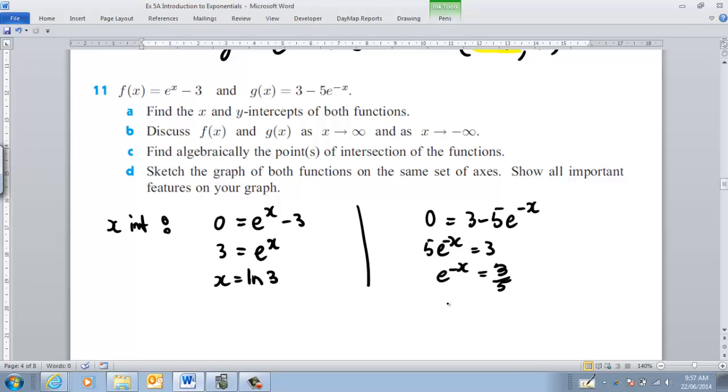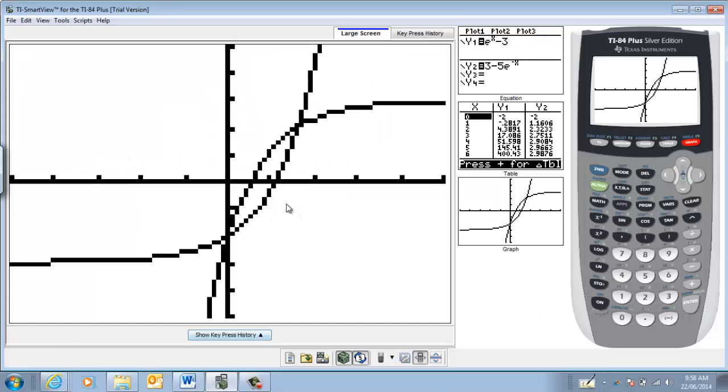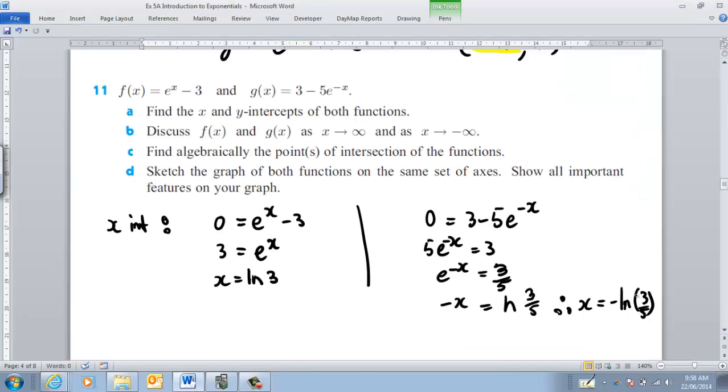Then that's going to give me minus x equals ln of 3/5, so therefore x has to be equal to minus ln of 3/5. Now does that fit with my graph, keeping in mind the x-intercept there, x-intercept there? I don't know if that's actually correct, is it? Right, so we'll have a look at that maybe in a second.